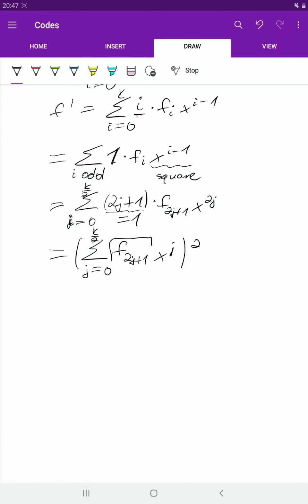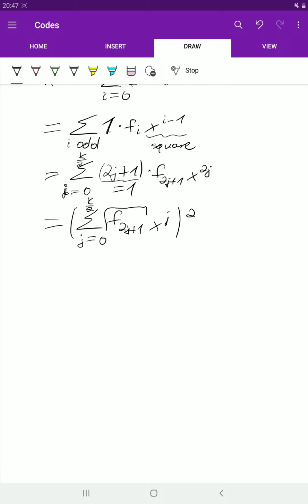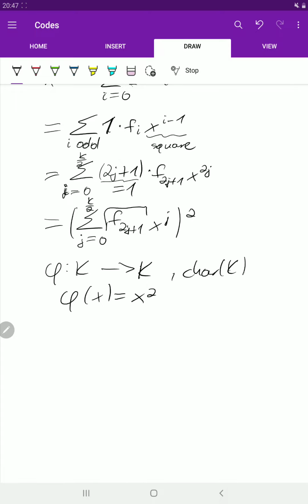But taking the square root is no problem actually, because let's look at the map phi from a field, let's say k to k, where phi of x is x squared, and the characteristic of k is 2, then we know that this is a group homomorphism.